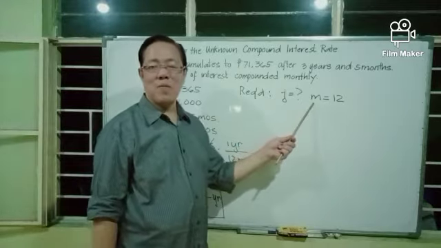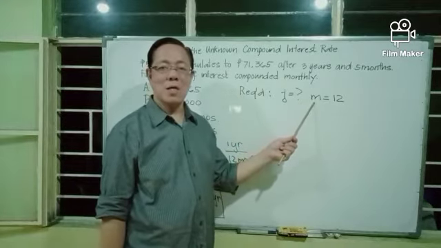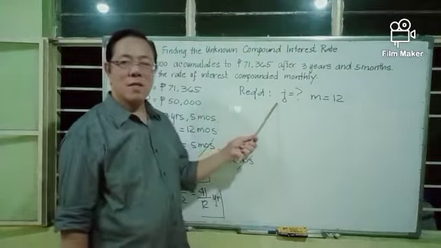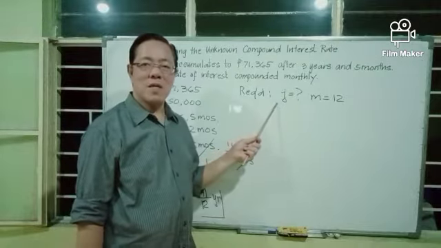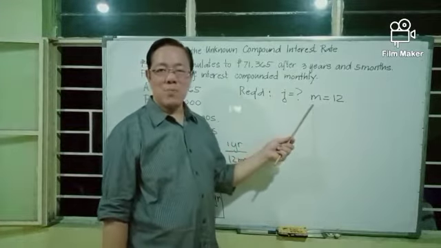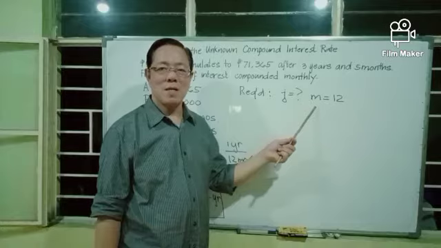So the number of conversions M is equal to 12. And J is the compound interest rate per year.